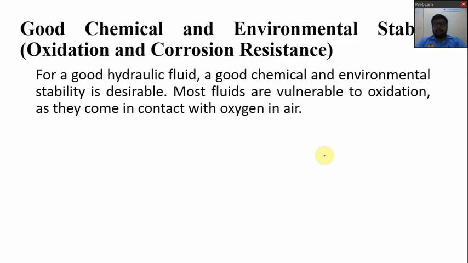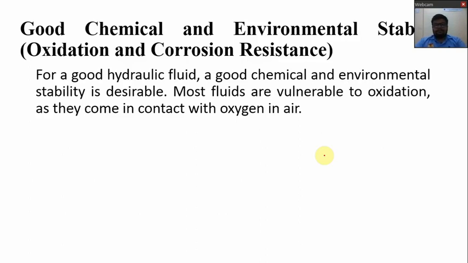Mineral oils or petroleum based oils are widely used in hydraulic systems. They contain carbon and hydrogen molecules which will easily react with oxygen. The oxidation products are highly soluble in oil and, being acidic in nature, they can easily corrode the metallic parts. So these are the properties which are very much required in the fluid.